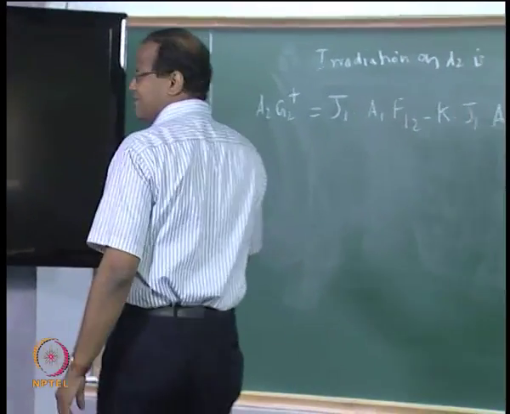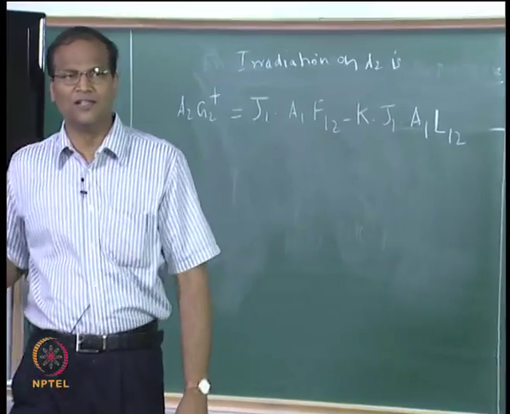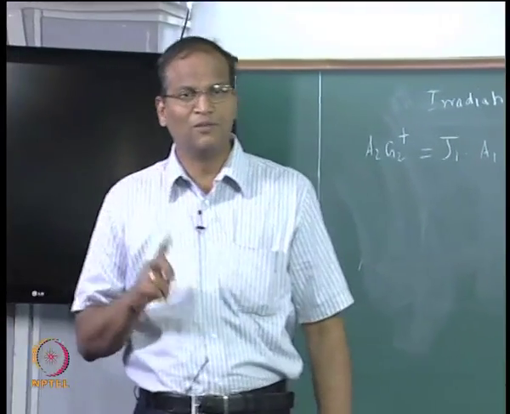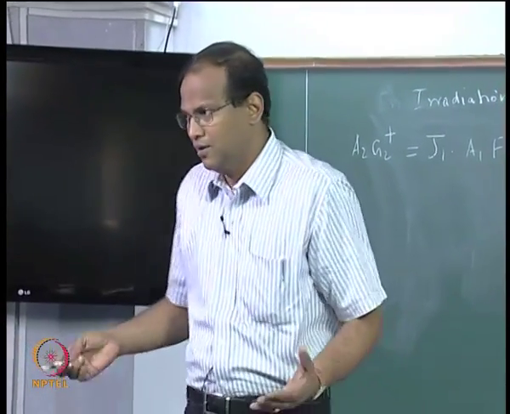J1 is watts per meter square, F is dimensionless, A is meter square, okay. But now I do not like left side I have A2, right side I have A1, I do not like this, so what can I do? Can I do something? Yeah, I can use the reciprocal rule, okay.